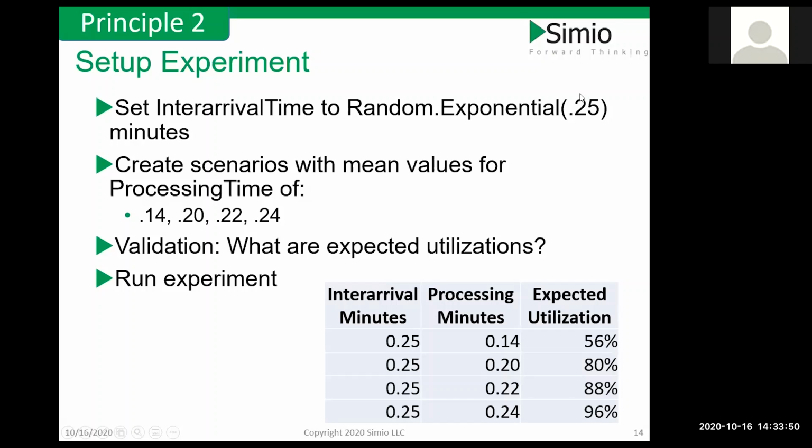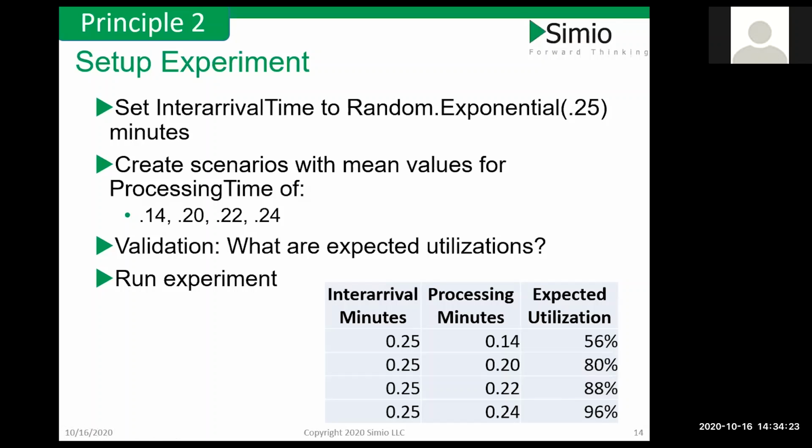So if I have an entity come into the system every 0.25 minutes, and it takes exactly 0.25 minutes to process, it'd be 100%. If I had a processing time of 0.2 with my inner arrival time of 0.25, then 0.2 over 0.25 is an 80% expected utilization.